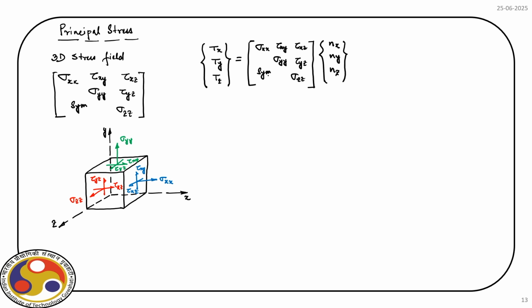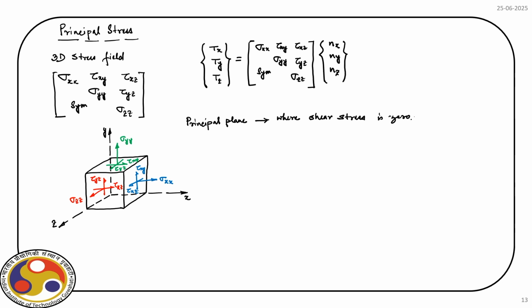Now, the same expression we can use to identify the principal plane. How? Please pay attention. What is the definition of principal plane? So, principal plane is the plane where shear stress is 0.